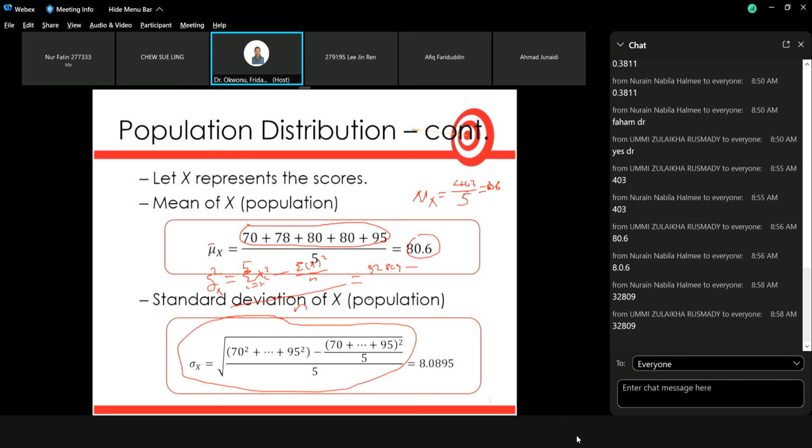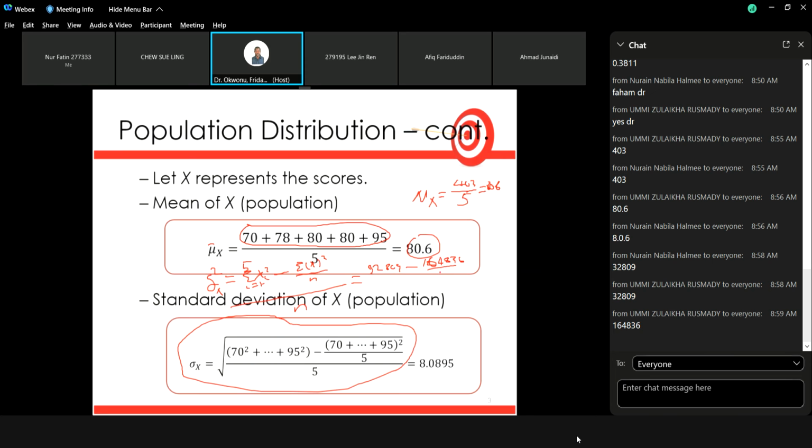Okay, now the sum of this was 403. The square of 403 is what? 164836.